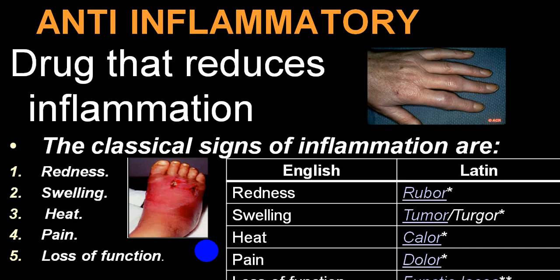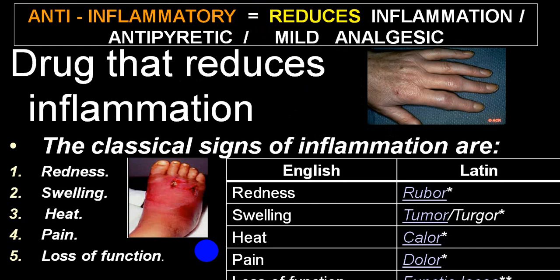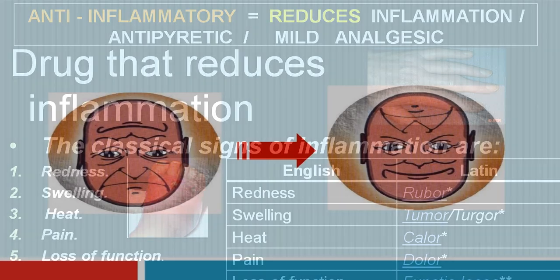So some of the anti-inflammatory also acts as antipyretic also. So may reduce inflammation, may act as antipyretic, and because it reduces inflammation, it will also act as a mild analgesic. It may not be a powerful analgesic, it may not reduce your pain completely, but will definitely reduce some amount of pain. So they are mild analgesics.